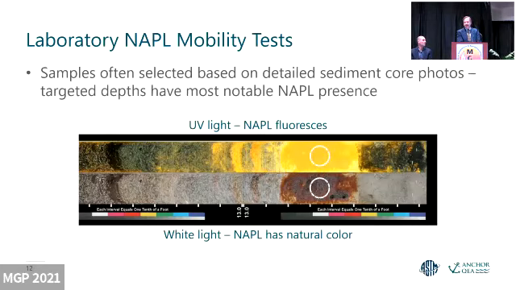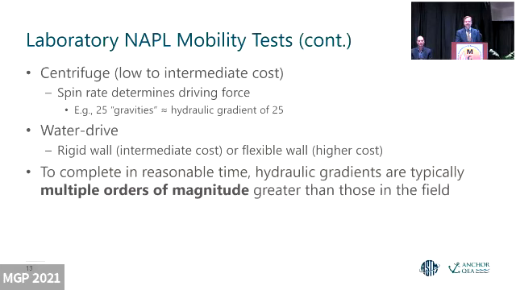And so the guide talks about using detailed core photography under UV light, where NAPL containing PAHs tends to fluoresce, and also white light photographs, which sometimes also show NAPL that is dark compared to the background matrix. The two fundamental types of tests are centrifuge tests and water drive tests. And they have different advantages and disadvantages in terms of relative cost and how long it takes to implement them.